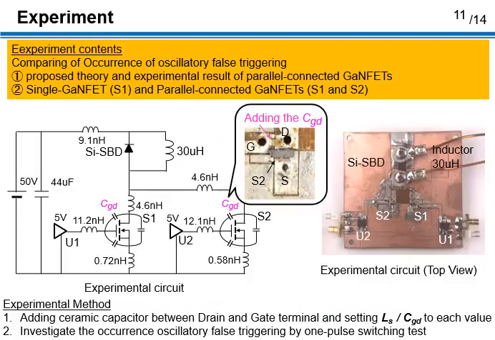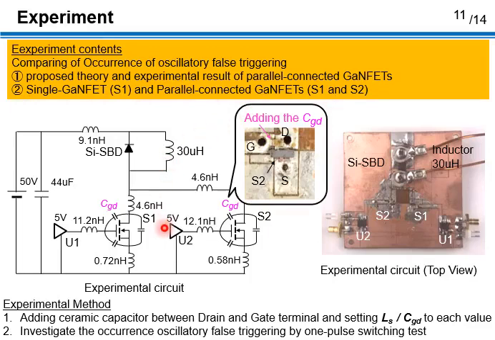We conducted two experiments to demonstrate the theory. First, we compare the experimental results and the proposed suppression condition of parallel connected GaN-FETs. Second, we compare the difference in the suppression range between the single GaN-FET and parallel connected GaN-FET.